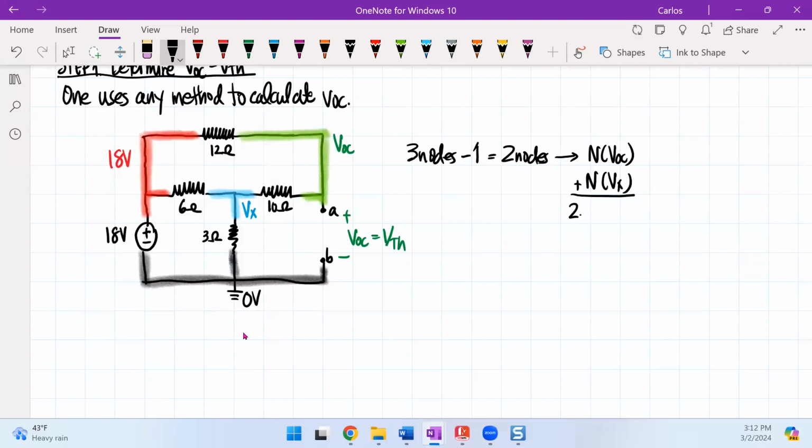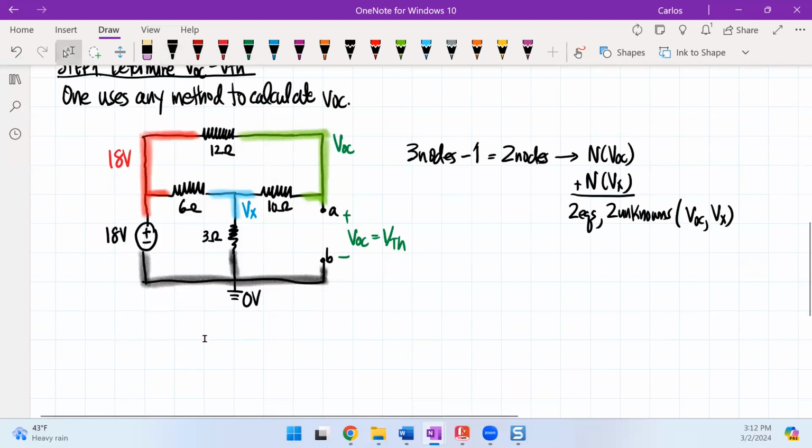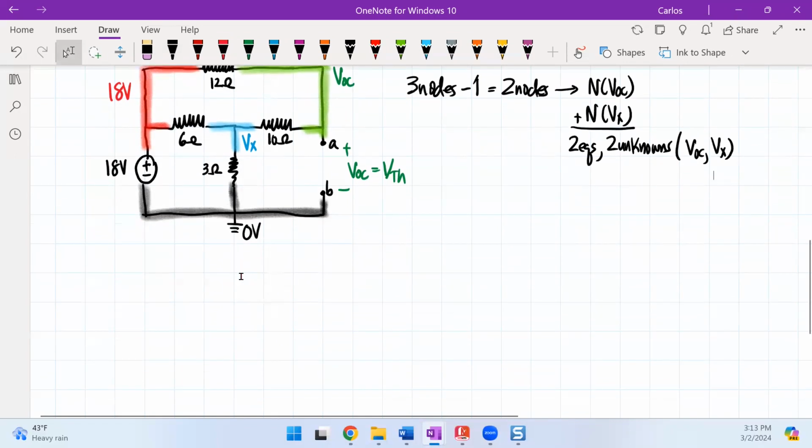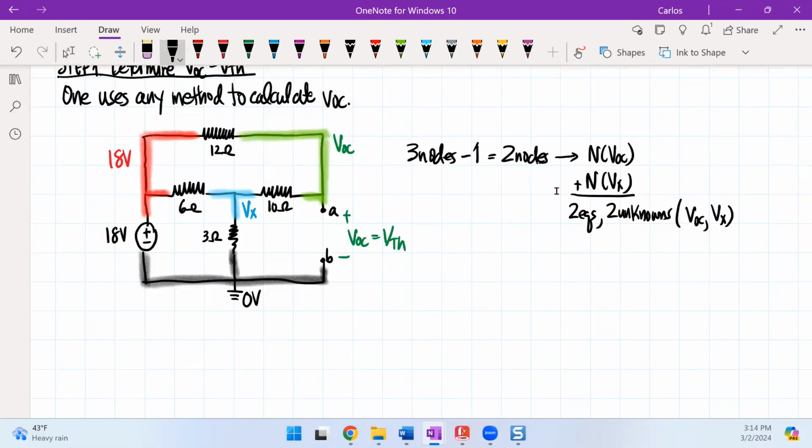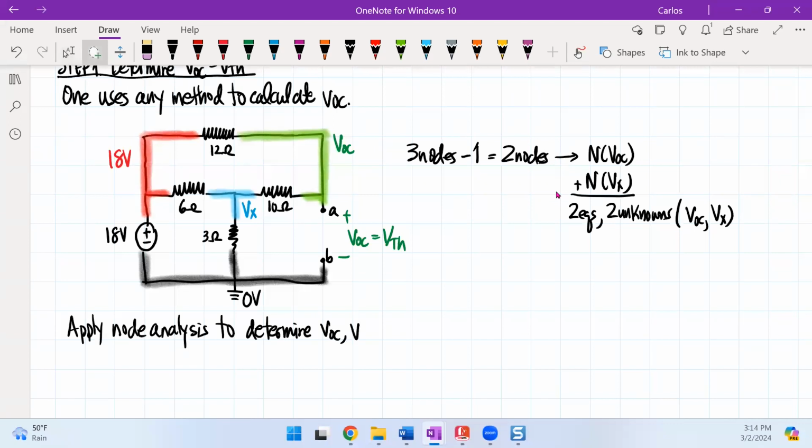Therefore, that gives me 2 equations, 2 unknowns for VOC and VX. There's lots of ways to solve this, but what I'm going to do is apply node analysis to determine VOC and VX.